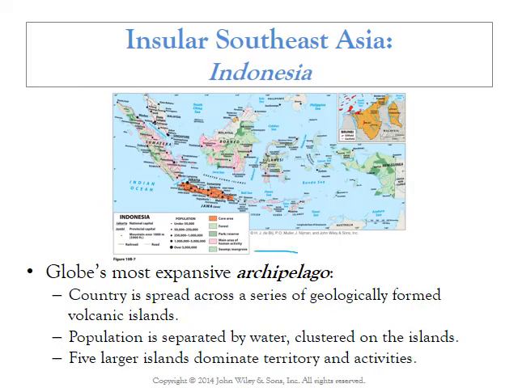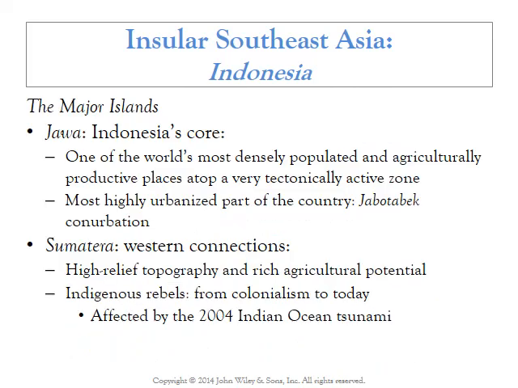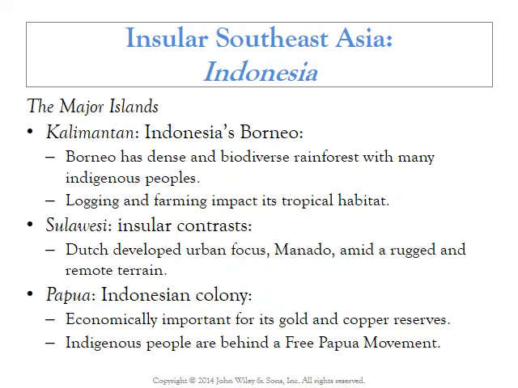Okay, there's that word, archipelago, this chain of islands that makes up Indonesia. Indonesia is the 4th most populous nation in the world, and it's spread out, of course, over a huge number of islands. There are 5 major islands, one of them being Java, which has by far the predominant number of people in it.